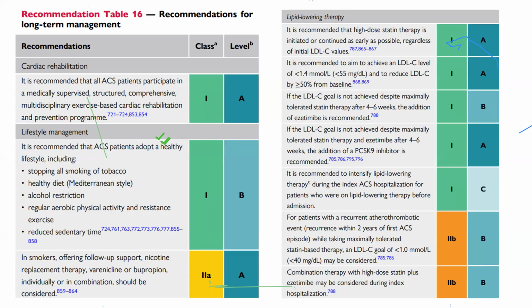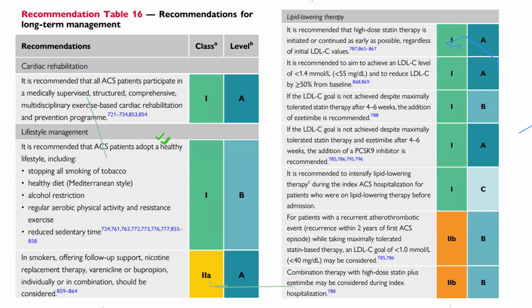In smokers, offer follow-up support; nicotine replacement therapy, varenicline or bupropion, individually or in combination, should be considered. Essentially, get the patient the help they need to stop smoking as much as possible.